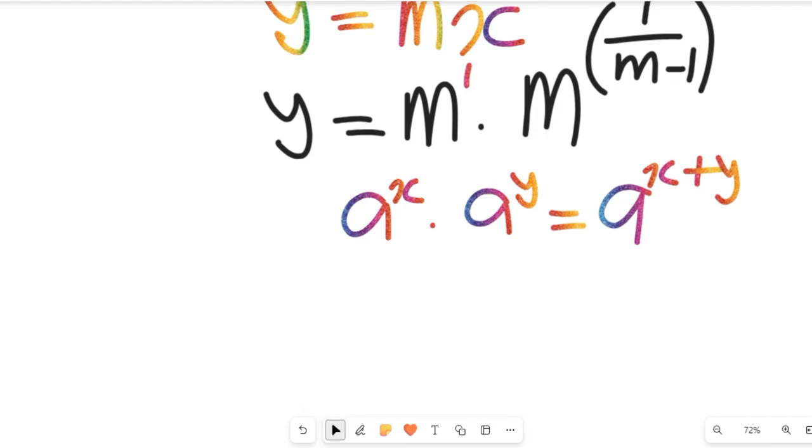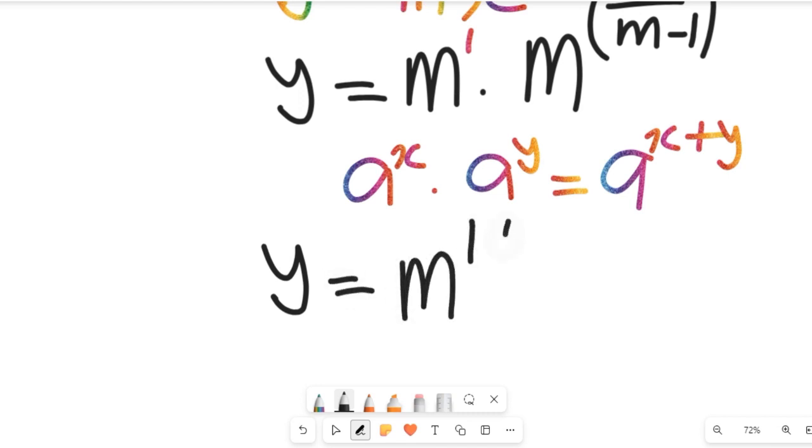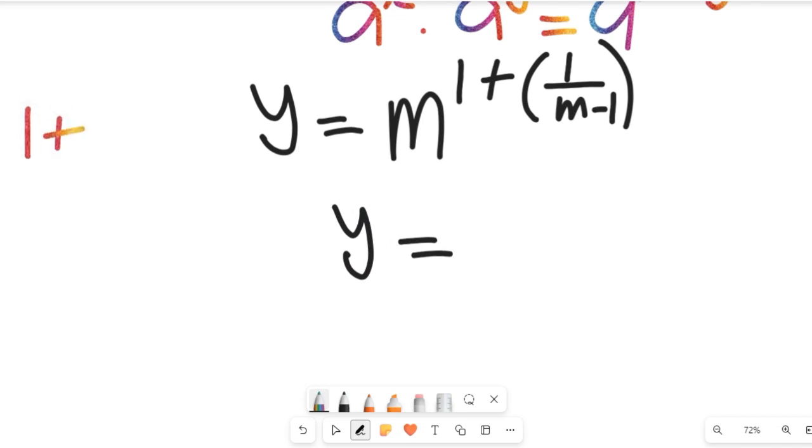So if we apply it here, you're going to see that the value of y will now be equal to m to the power of 1 plus 1 divided by m minus 1, right? So if you simplify the power, what you're simply going to have is y will be equal to m to the power of 1 plus 1 divided by m minus 1.